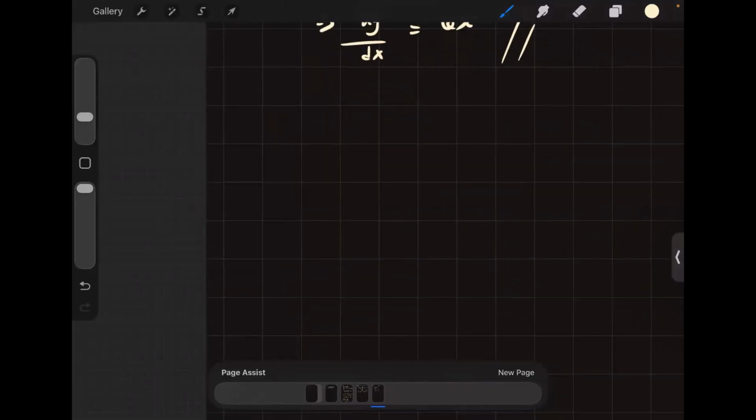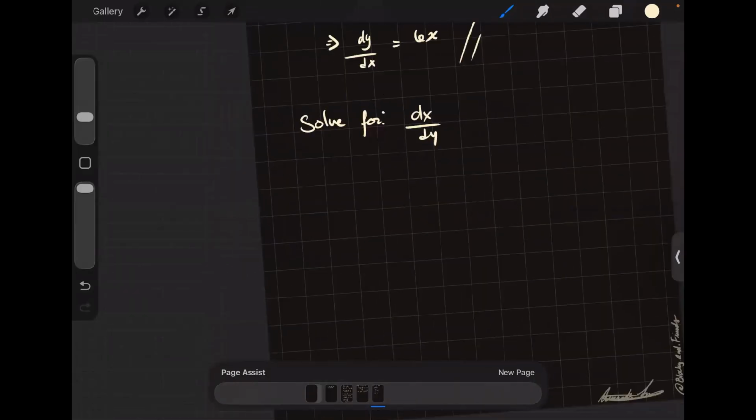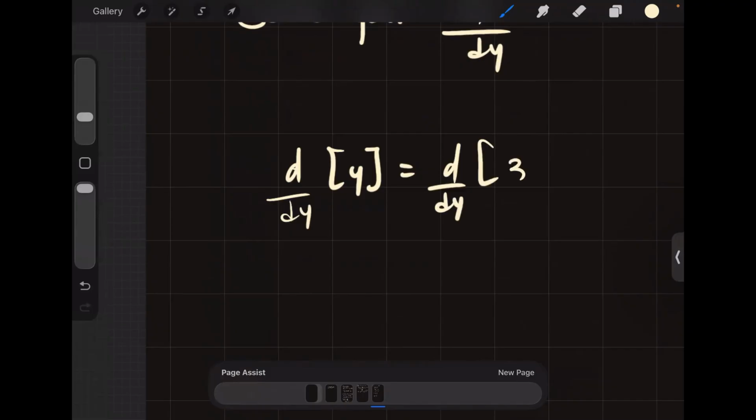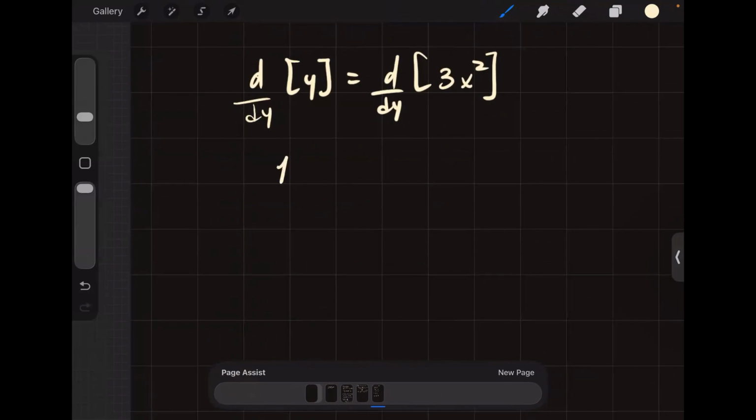Similarly, once I say solve for dx/dy, that's easy. You just say d/dy of y is equal to d/dy of 3x squared. Cool. This is 1, dy/dy is equal to 6x to the first, dx/dy. Oh, wait.